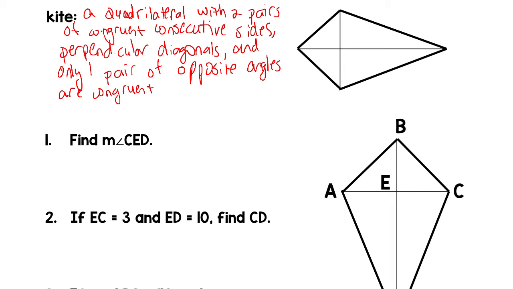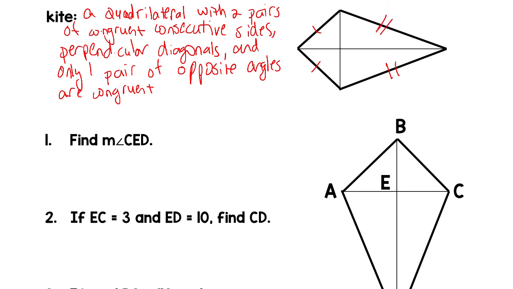So let's break down what that means on our shape here. It has two pairs of congruent consecutive sides. Consecutive means they come one after the other. So these two right next to each other are congruent, and these two right next to each other are also congruent.